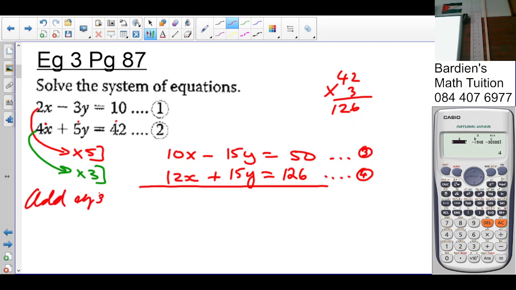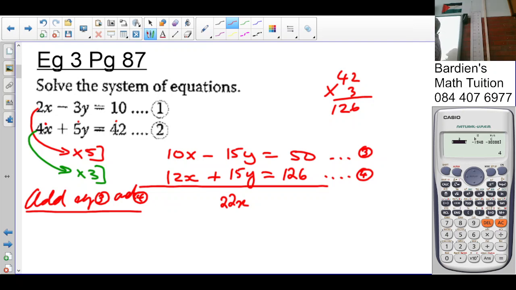So we're going to add equation 3 and equation 4. So what is 10x plus 12x? 22x. What is negative 15y plus 15y? Cancel. And that's what I want. I want to eliminate. That is why it's called elimination.